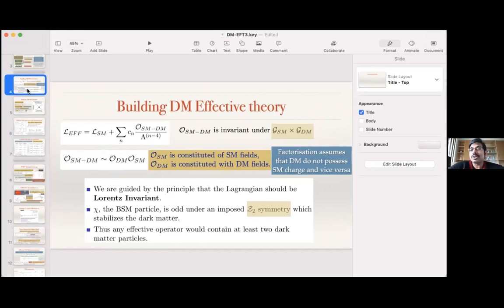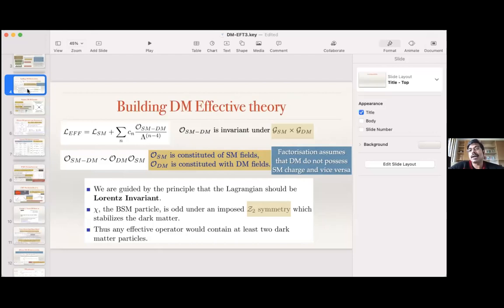Therefore, the operators that you construct are in principle not factorized. You consider a vector-like fermion doublet in admixture with a right-handed singlet, say for example. You have a term like psi bar H tilde chi, where psi is the vector-like doublet, chi is the singlet, and H is your standard model Higgs. This is not factorizable.